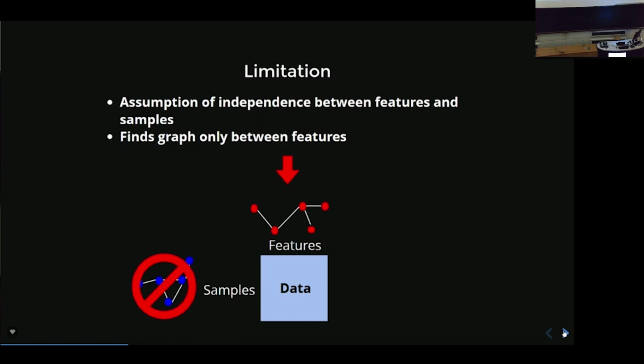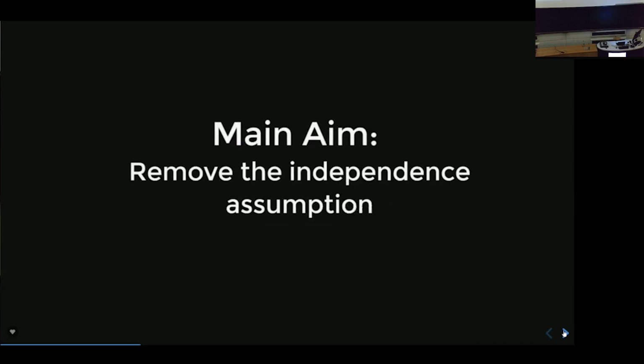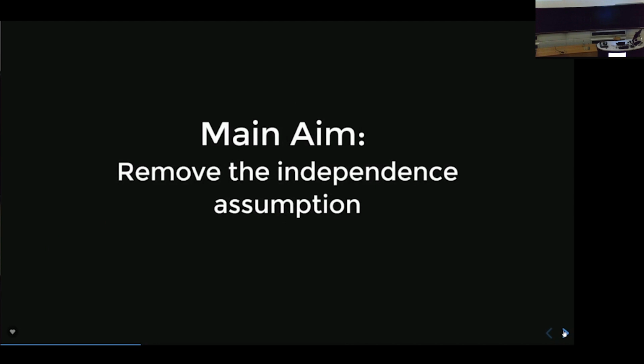So we can't really do that. Or we can, people do, but that's wrong in principle, because you can't say they're independent and estimate the dependencies, right? So you can only proceed in one direction. So there have been various approaches to remove the independence assumption. Okay.